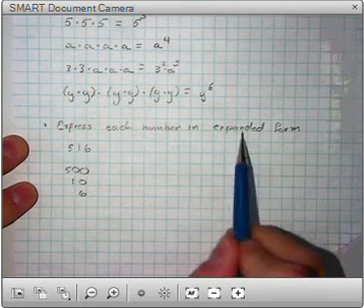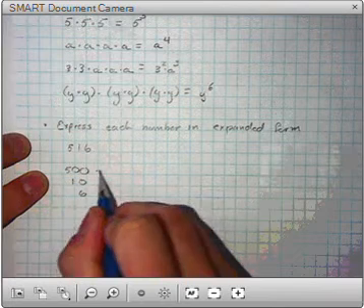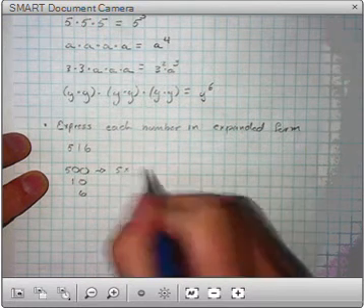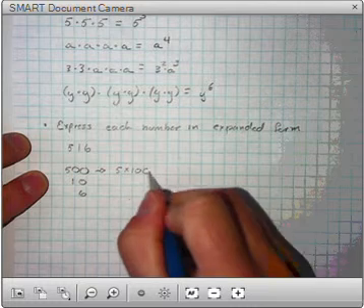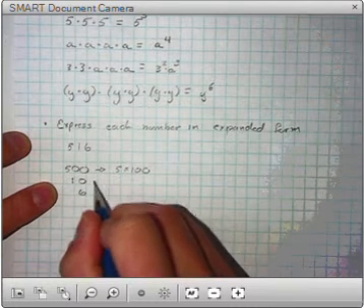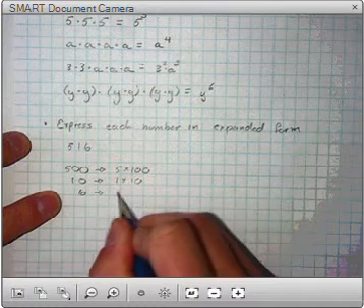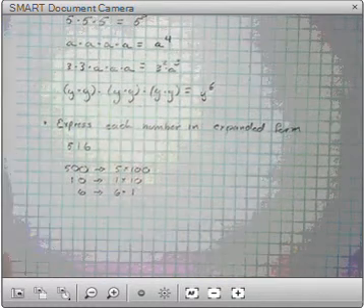If we're expanding it, we can rewrite each of these to a power. So 5 times 100 is the same. We do 1 times 10, or 6 times 1.